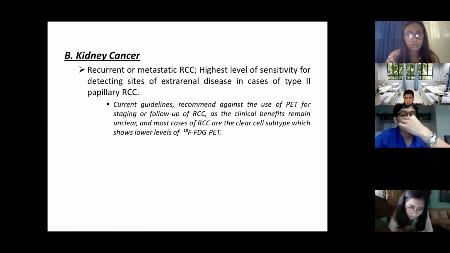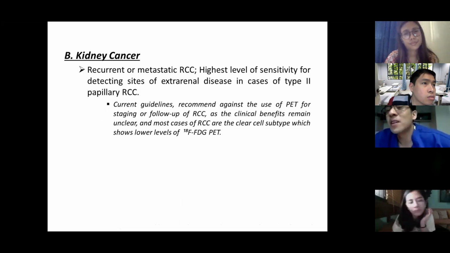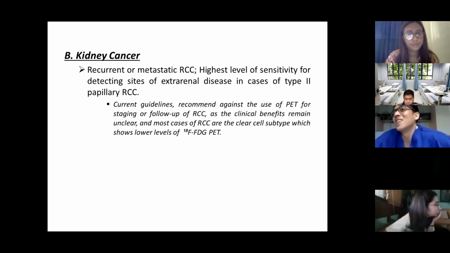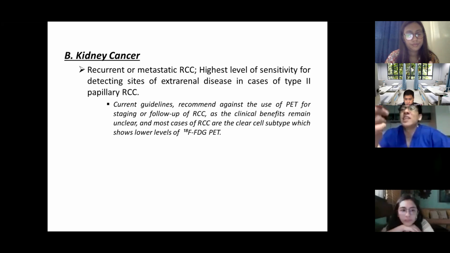For kidney cancer, recurrent or metastatic renal cell carcinoma, it has the highest level of sensitivity for detecting sites of extrarenal disease, particularly type 2 papillary renal cell carcinoma. Current guidelines, however, recommend against the use of PET for staging or follow-up of renal cell carcinoma as the clinical benefits remain unclear, and most cases of renal cell carcinoma are the clear cell subtype, which shows lower levels of FDG uptake.